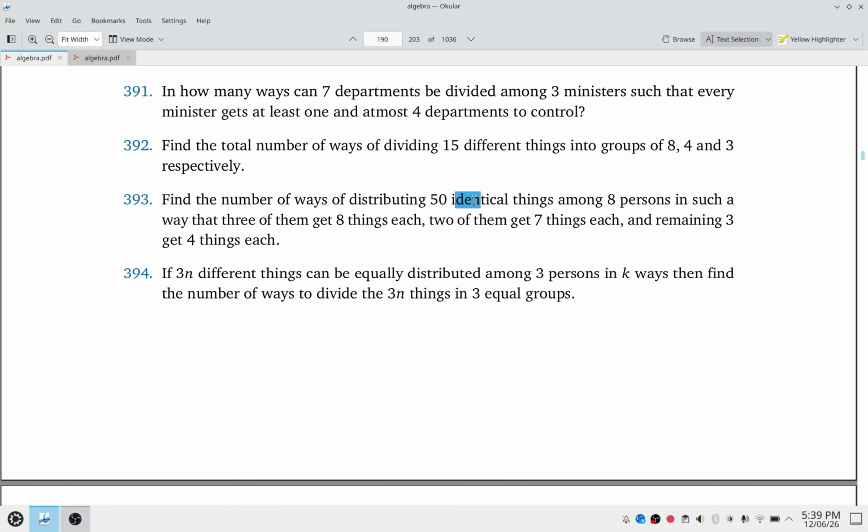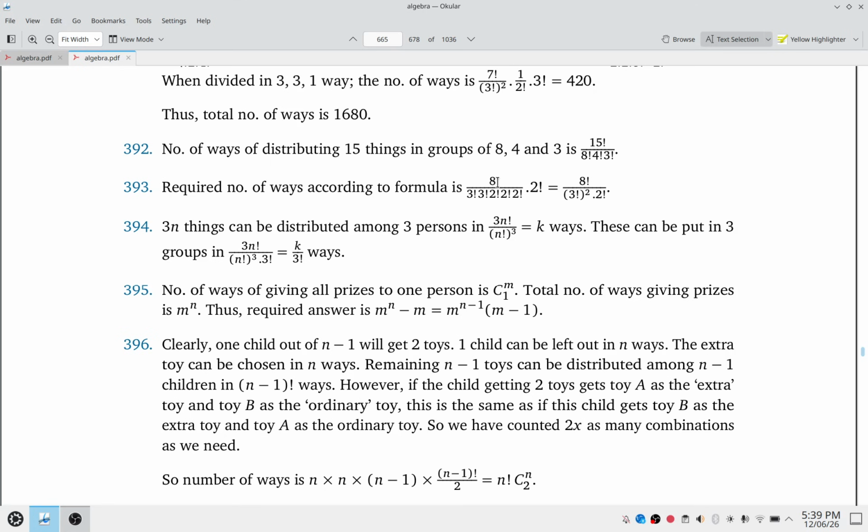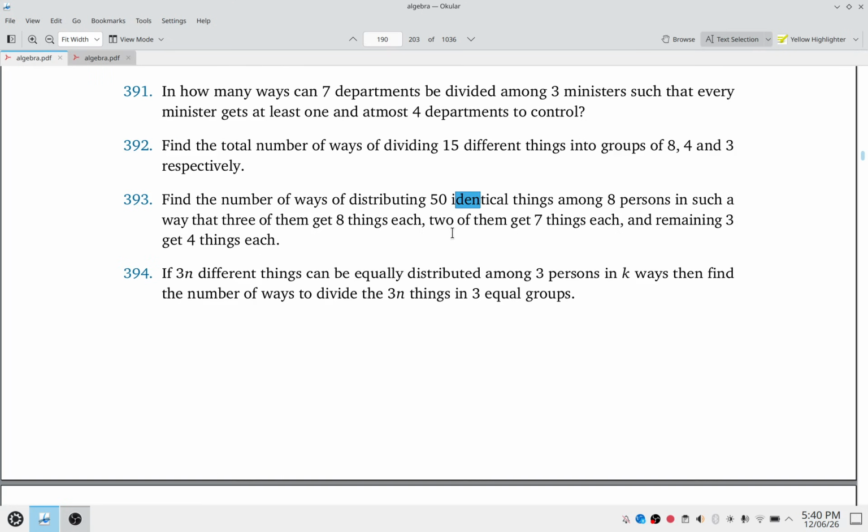Sorry, it is identical things, right? So identical things will have different formulas. So this is correct: 8 factorial divided by 3 factorial multiplied by 3 factorial multiplied by 2 factorial cube into 2 factorial. So that is 8 factorial by 3 factorial square into 2 factorial. This should be 2 factorial square. So how did we get this?